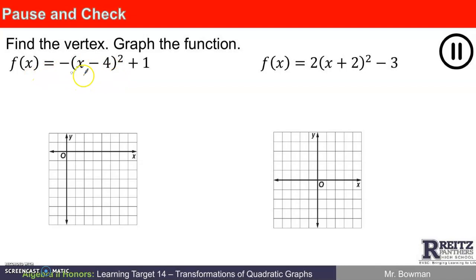For the example on the left, f of x equals the opposite of x minus 4 squared plus 1. The vertex is at the point 4, 1, which is right there. I know the thing opens downward because the a term will be negative if I thought about multiplying everything out, or I can just indicate here's a here. a is -1.